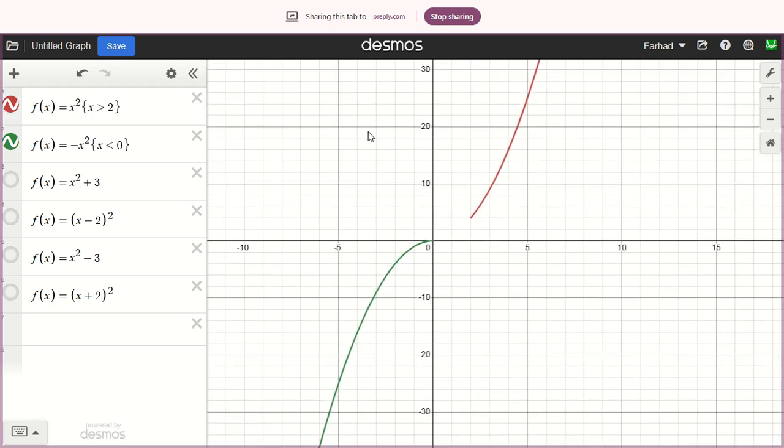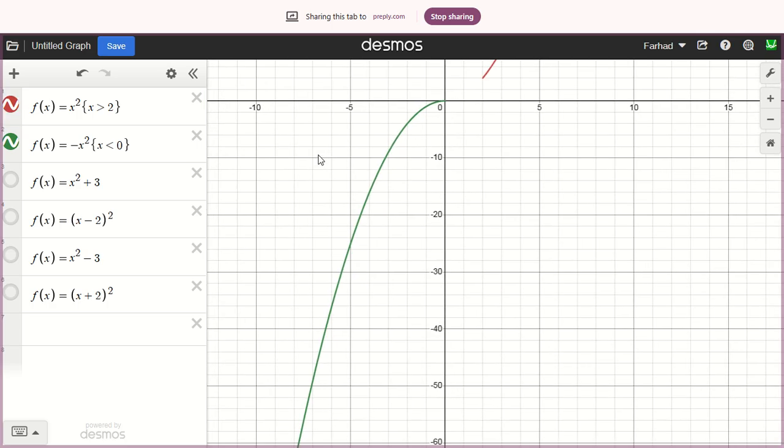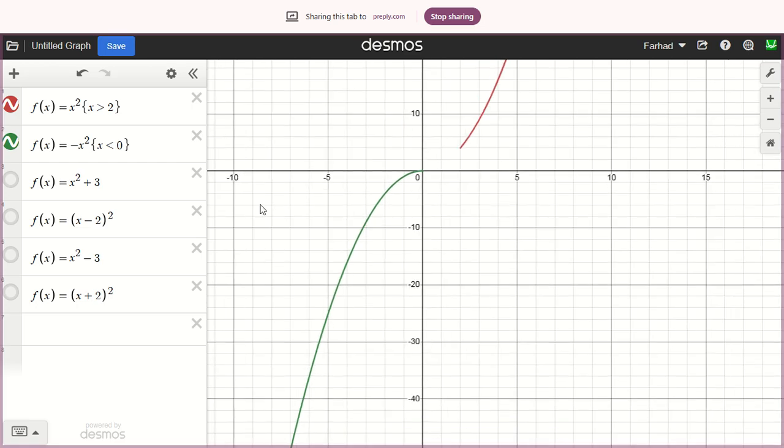And the domain for the blue one will be negative infinity up to 0, right? So if we combine these two, then we can say that these two form a piecewise function. I am showing you that it is not mandatory to start from 0 or include 0.